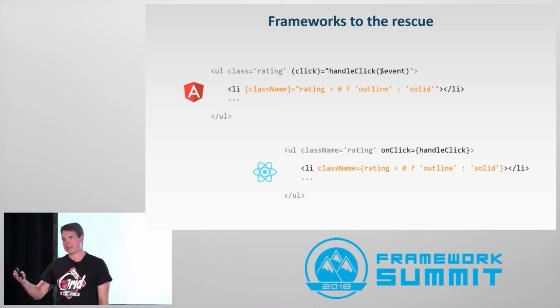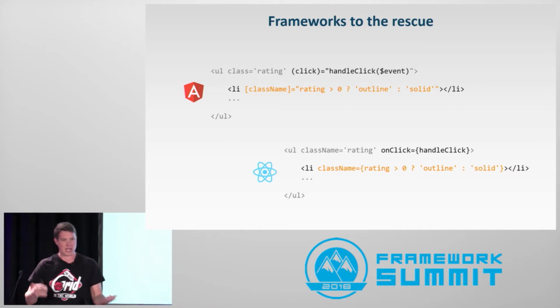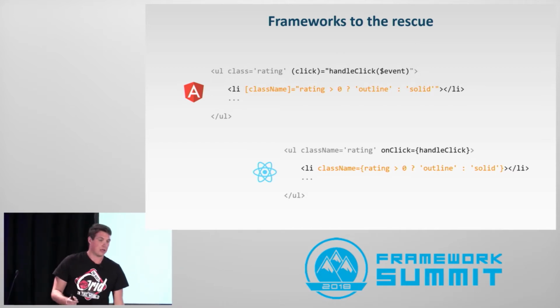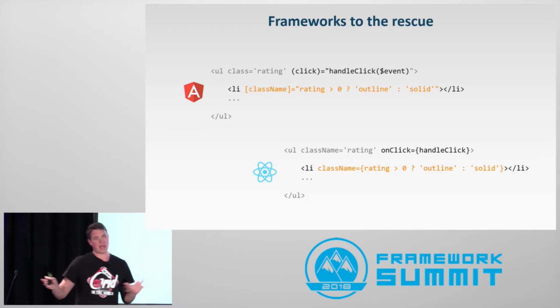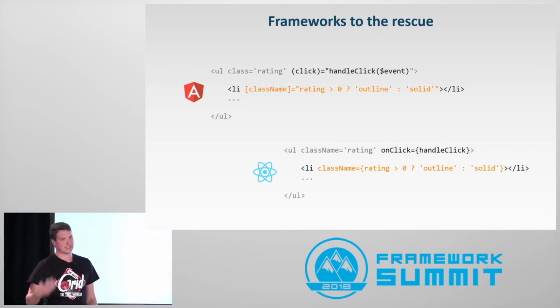And what's interesting is that the way we configure templates is quite similar in Angular and React. Here you can see on the screen Angular and React's templates for our widget. Right? The syntax is a little bit different. However, the main idea here is the same.